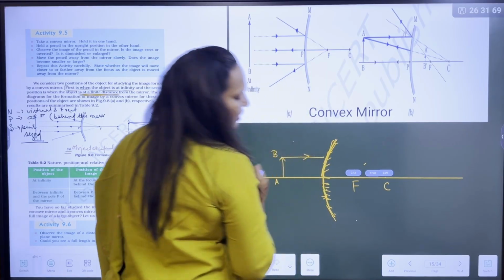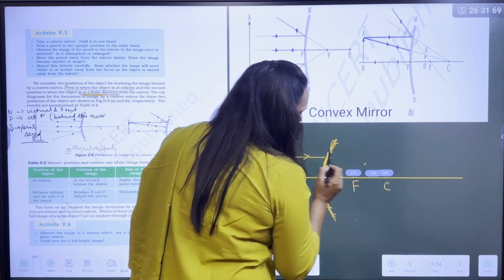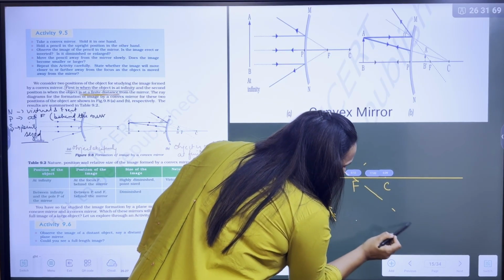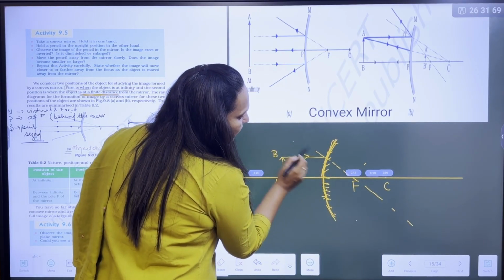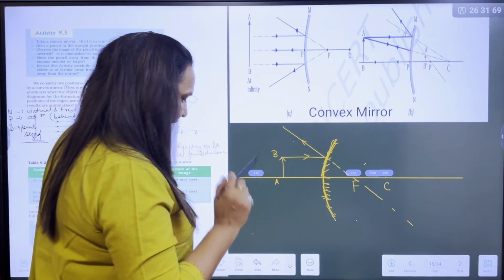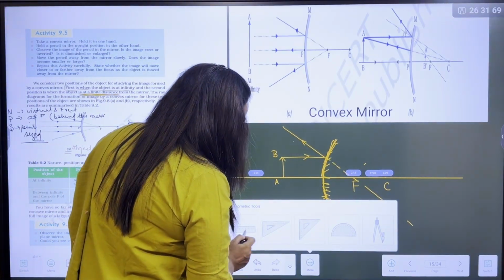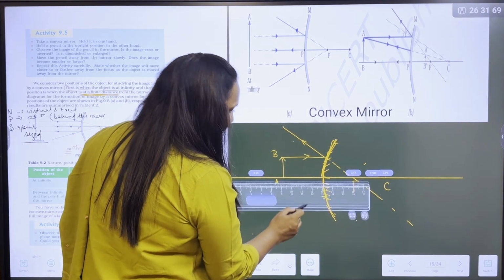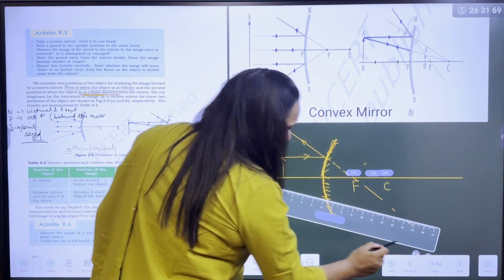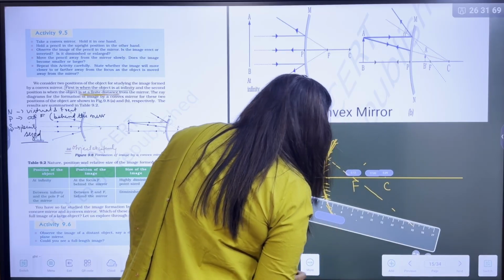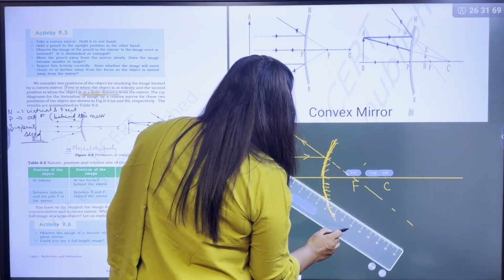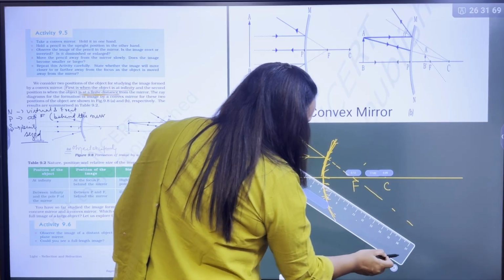First ray will go parallel. We know that it will diverge, but how will it diverge? I told you, first draw the dotted line through the focus, and in that direction draw the diverging line. How do we draw the second line? I tell you, take a scale, and keep it from the tip of the object.